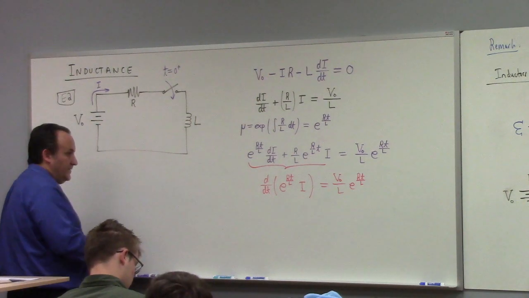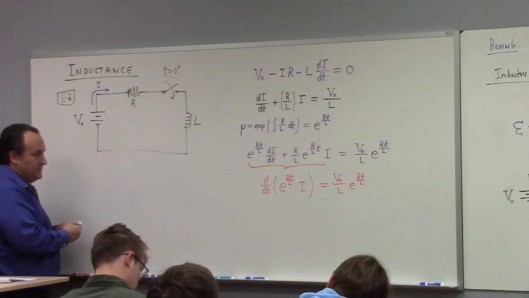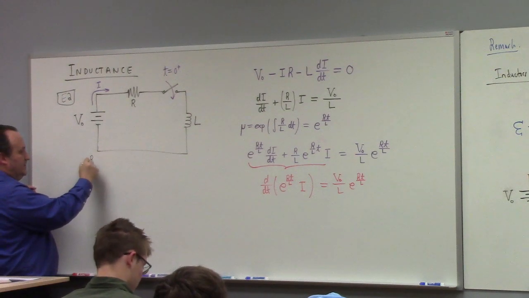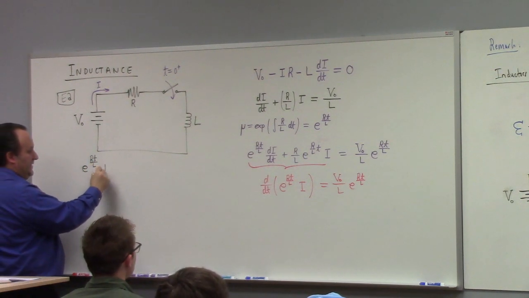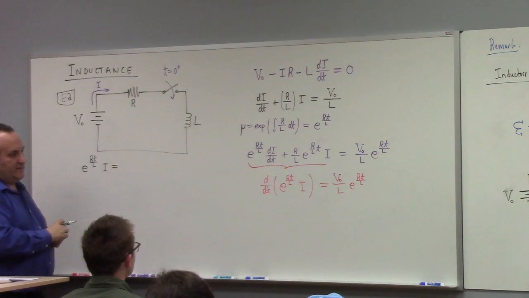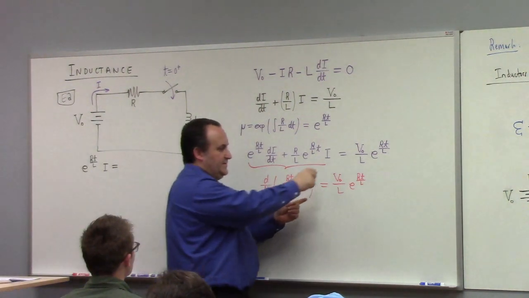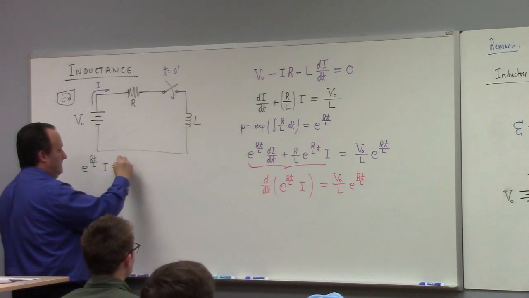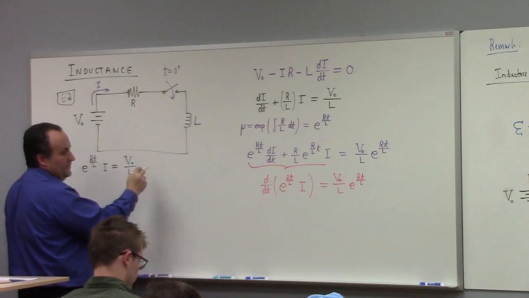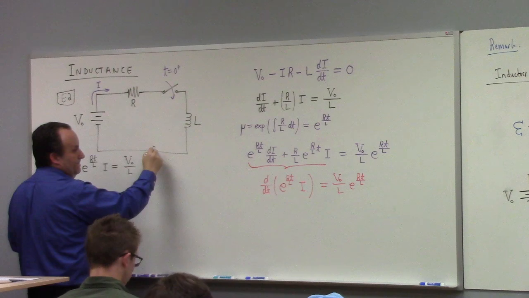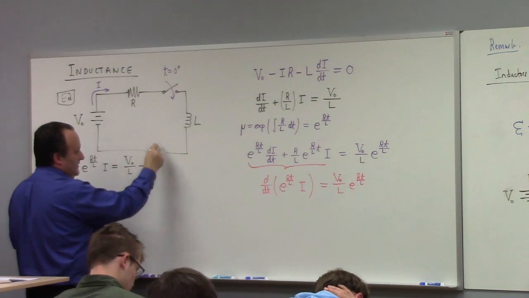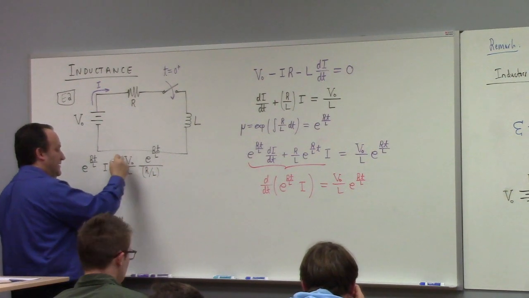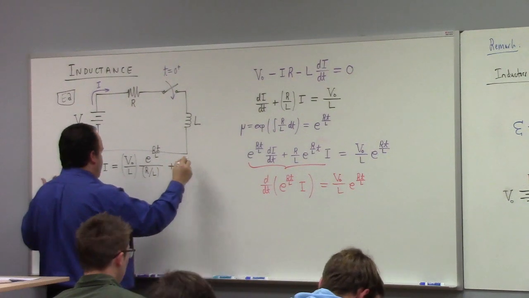And then I integrate, right? If I integrate both sides, I get e to the RT over L times I is equal to, let's see, what happens when you integrate the exponential? We get the exponential divided by the constant in the exponential, which in this case is R over L, plus a constant, which I'll call C1.